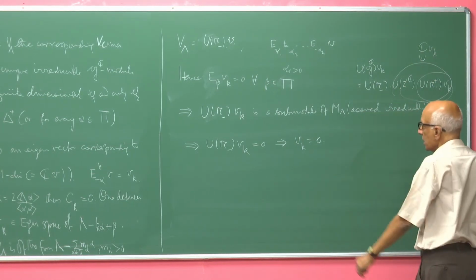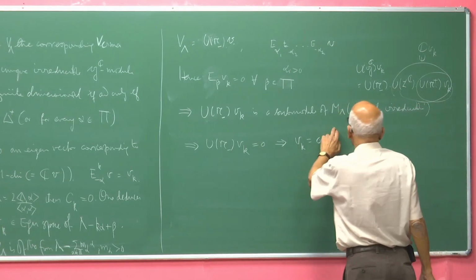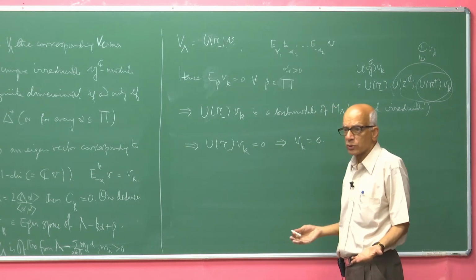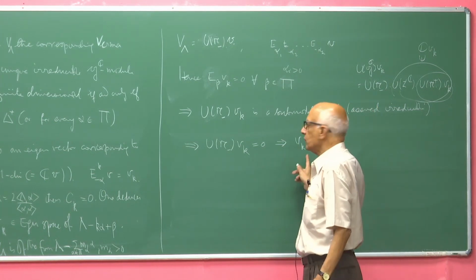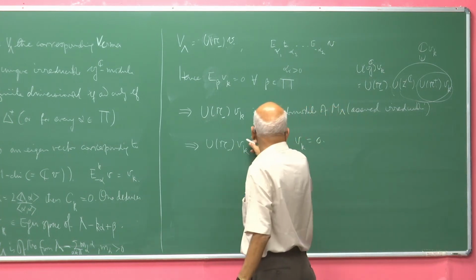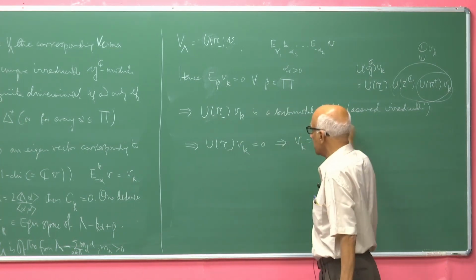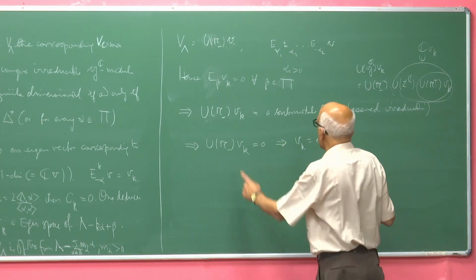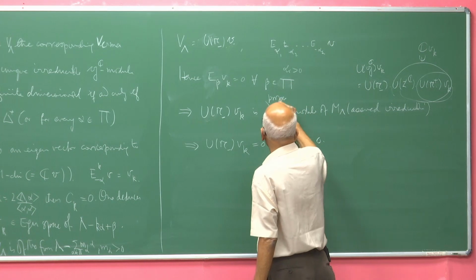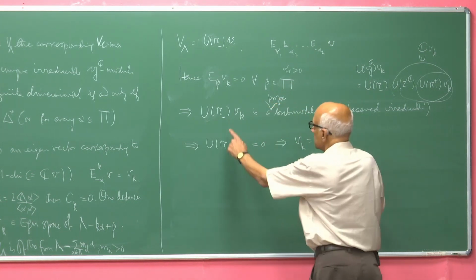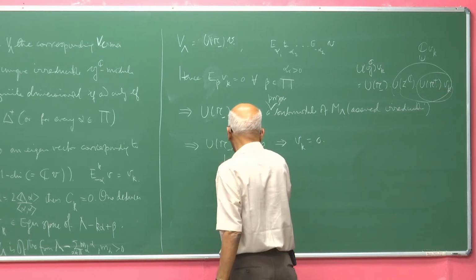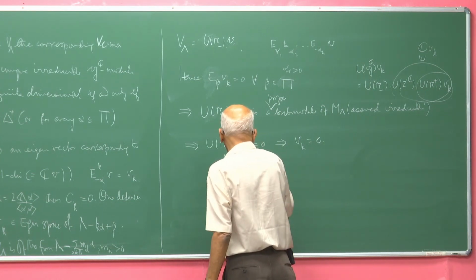So, U(n^-) v_k is a submodule of M(λ), and M(λ) being irreducible has no proper submodules. So, that implies v_k is 0. It is a proper submodule because it does not contain v itself.